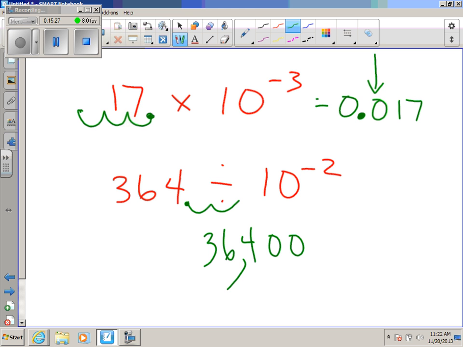Where do I put my comma? You do the opposite of what you would normally do when it's a negative power. The number of places is the same, you just move the opposite direction. Casimir.